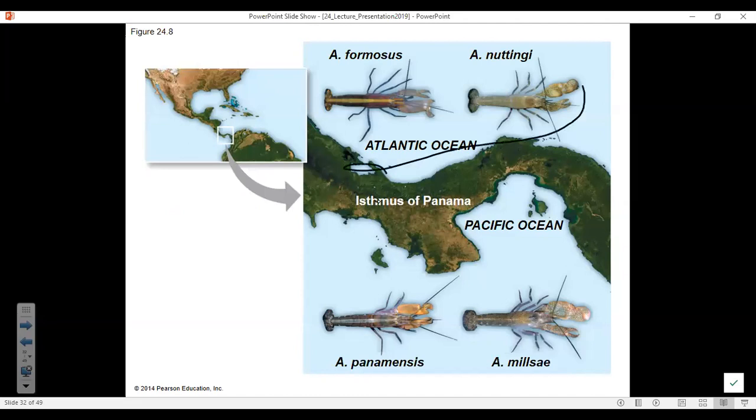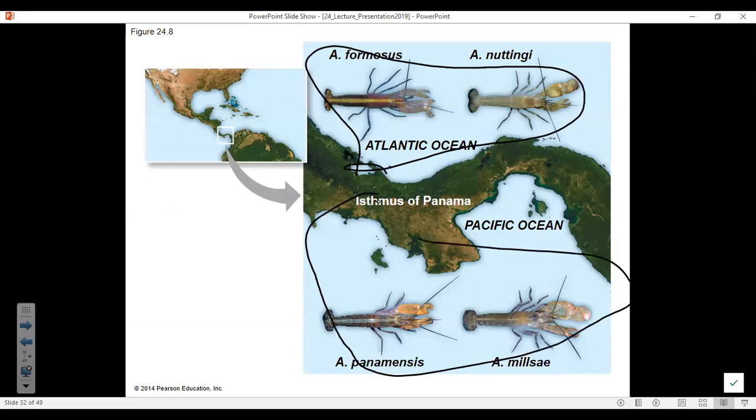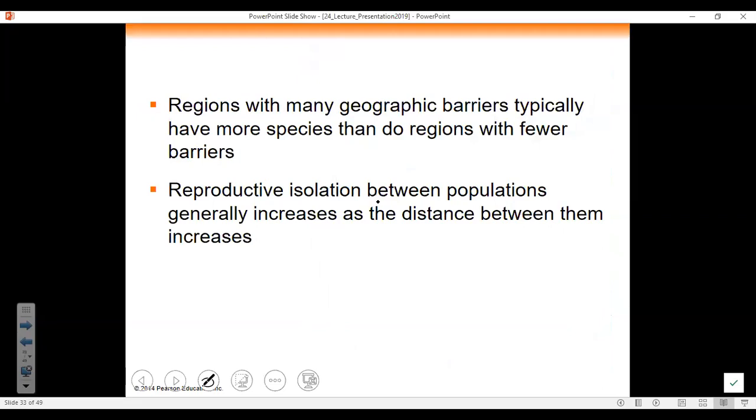These were all related to each other. They were all the same species at one point, but when this land mass emerged, when the water levels went down so that the land was present, they were separated from each other, and over time, they haven't been able to intermix, and they have formed different species.